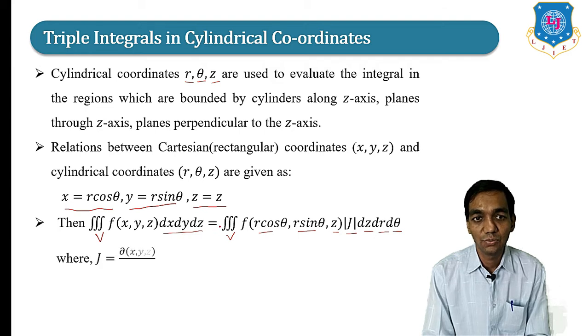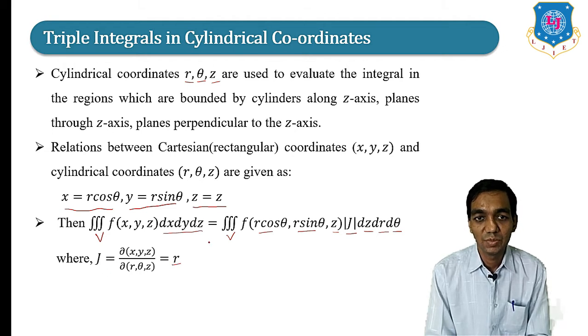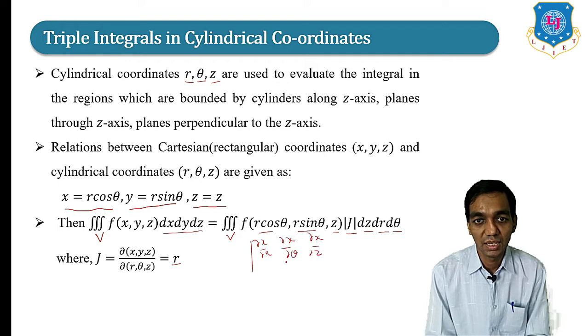So if you are going to find the Jacobian, then the Jacobian of x, y, z with respect to the new variables r, theta and z, if you find the Jacobian, then it will be r. See, the Jacobian is found as we have found in a double integration. First, derivative of x with respect to r, derivative of x with respect to theta, and derivative of x with respect to z.